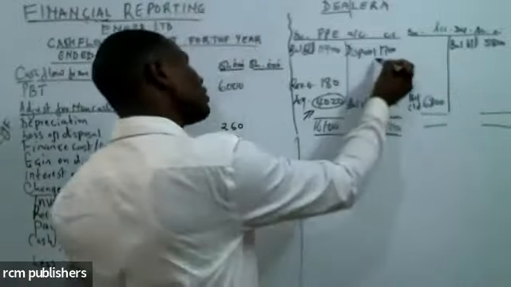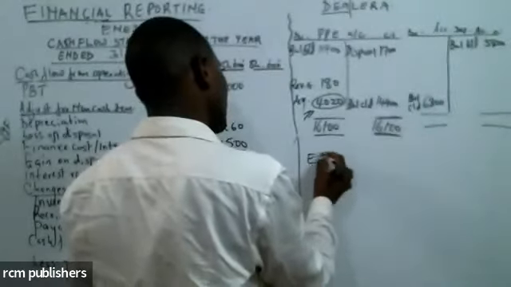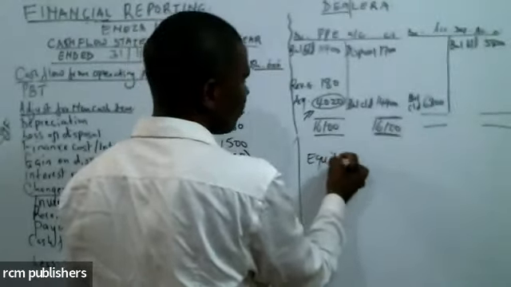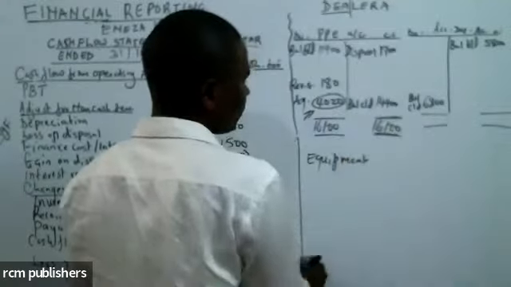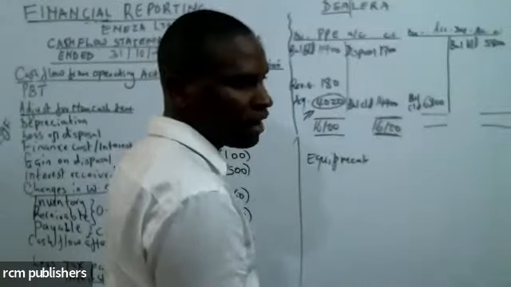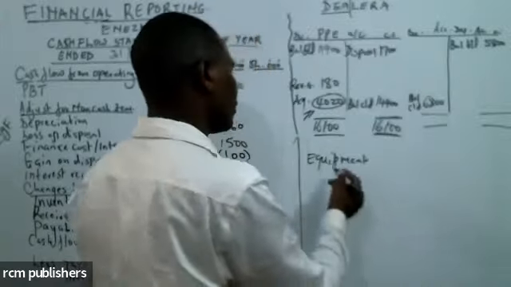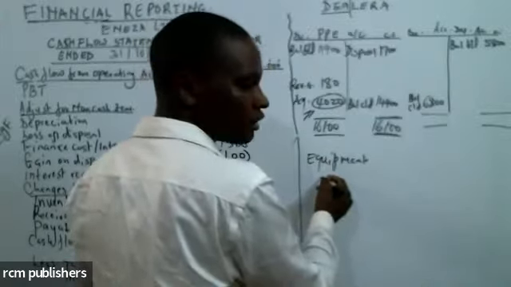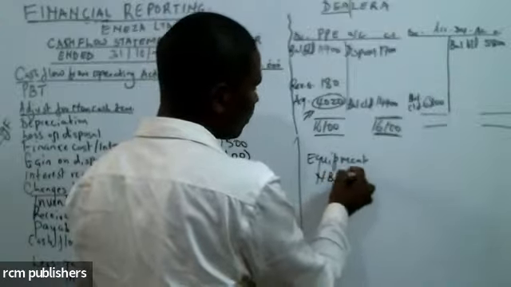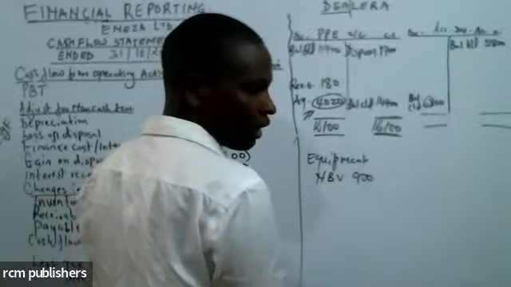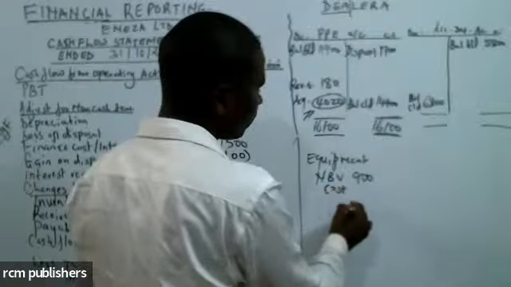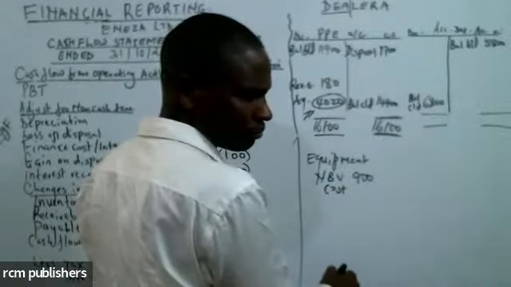Now, what was the net book value of this equipment? Tunataka tuone reduction of value of this equipment. Its net book value was 900 and its cost ilikuwa ngapi?